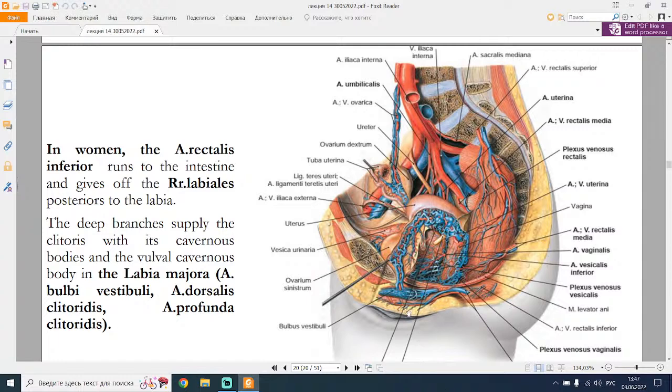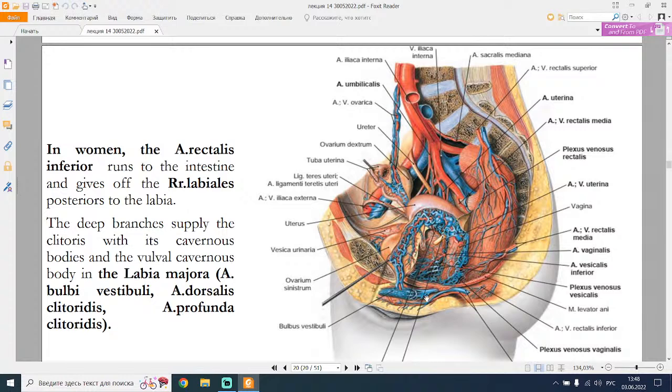In women, the arteria rectalis inferior runs to the intestine and gives off the rami labiales posteriores to the labia.